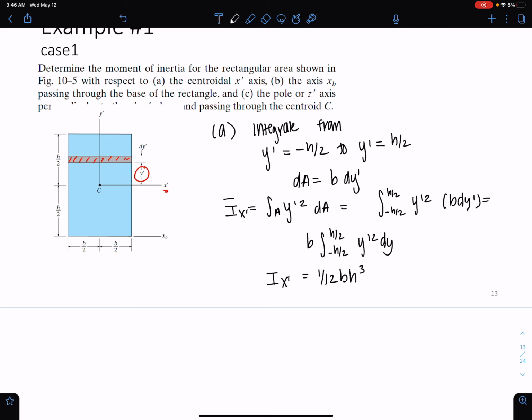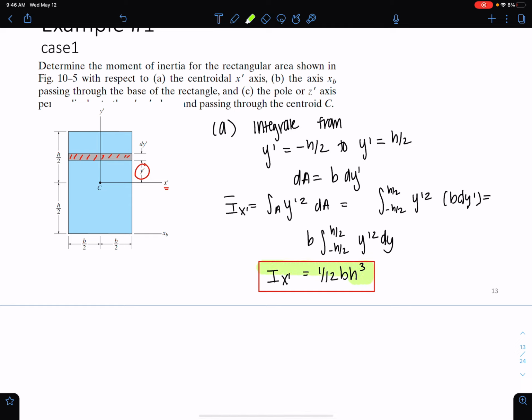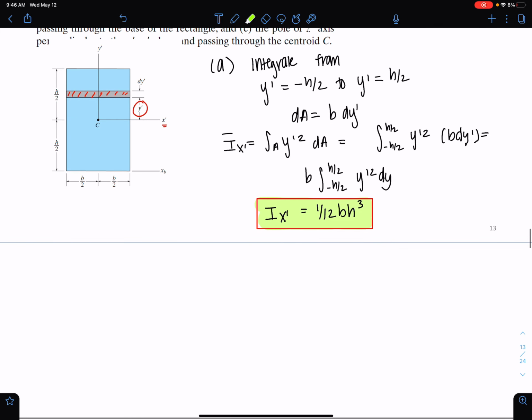Okay, now I'm going to square this off. This is very important. We just derived the moment of inertia of any rectangle, so you no longer have to rederive that. Any rectangle's moment of inertia about the x-axis, about one axis, is going to be 1 over 12 bh cubed.